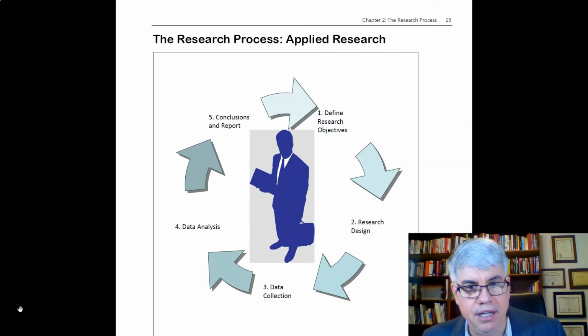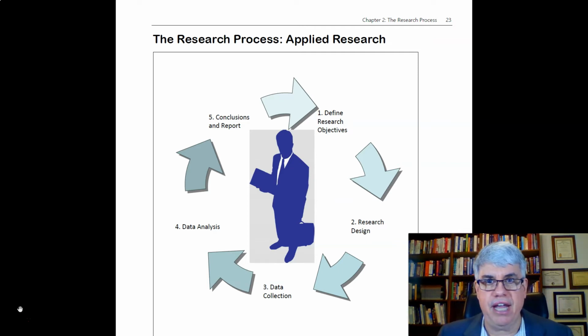So we get the data, and then we analyze the data, and it can be a subjective analysis where we look at different themes in interviews, or it could be a quantitative analysis where we've measured different psychological or behavioral phenomena with numeric scales.